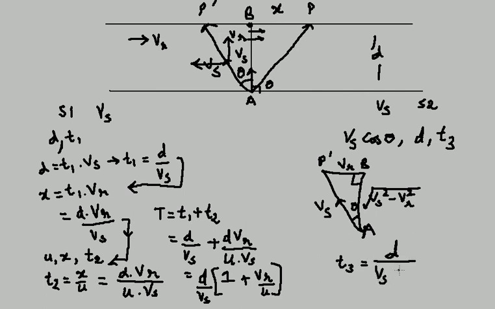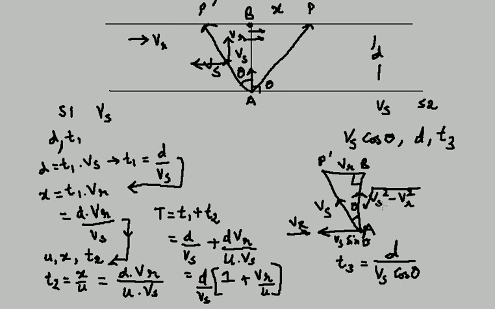We have seen why it is so. It is because this other component of velocity of Vs, which has countered Vr, would be Vs sin theta. So this has been nullified. Only the component Vs cos theta has been used to traverse this distance d.